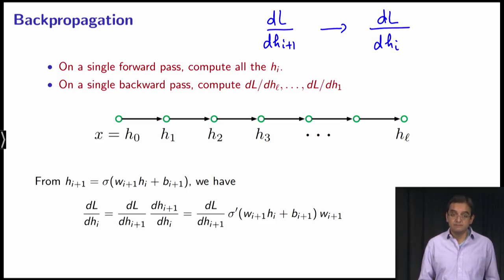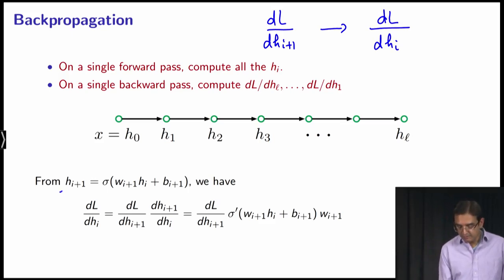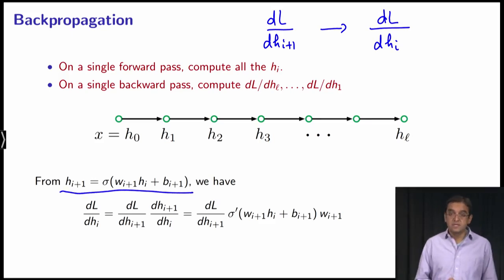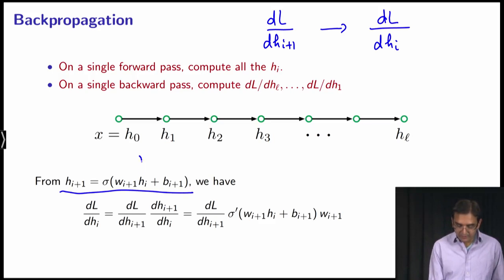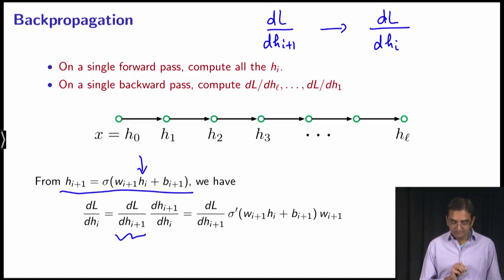How do we do that? Well, we write down the formula for H sub i plus 1. That's a linear function of H sub i. And then we apply the chain rule. Okay, so the derivative with respect to H sub i is the derivative with respect to H sub i plus 1 times the derivative of H sub i plus 1 with respect to H sub i.